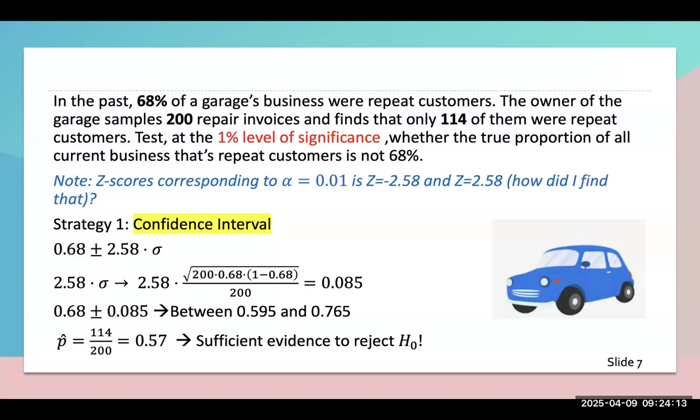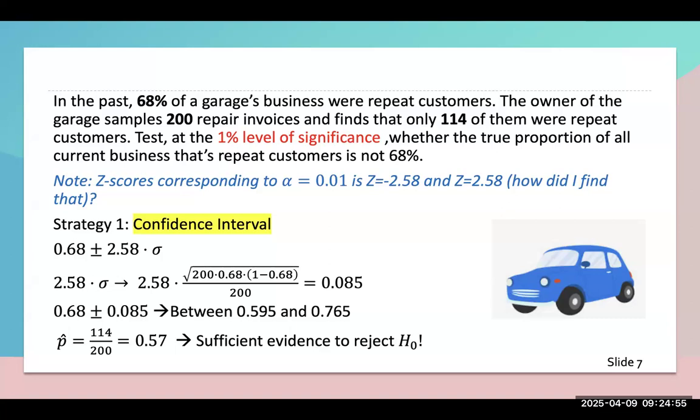It does not. It lives in the left tail, which means there's sufficient evidence to reject the null hypothesis. If the null hypothesis was true, then 99% of the time, any statistic we get from a sufficiently large sample will be between these two numbers. It's very, very unlikely to have a sample with a statistic that's outside of these bounds.